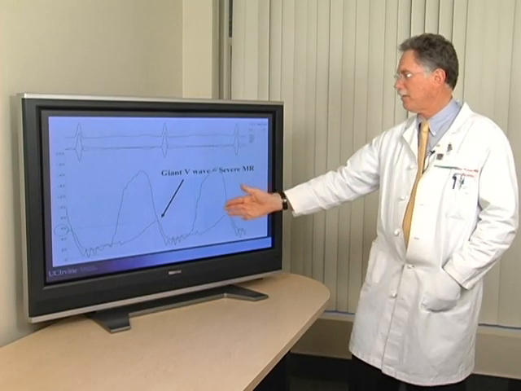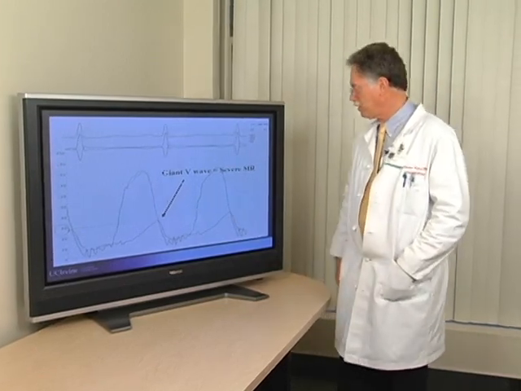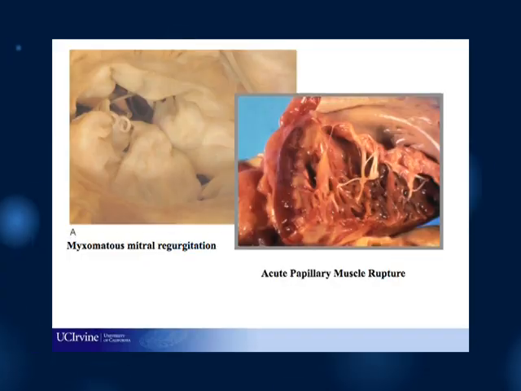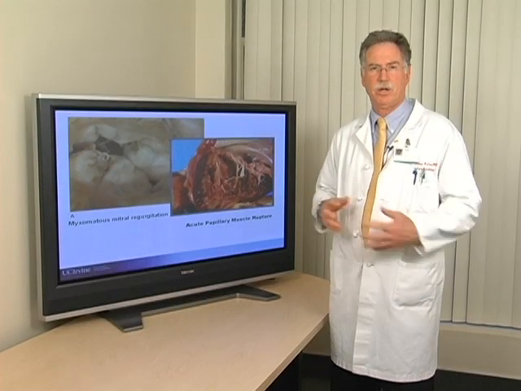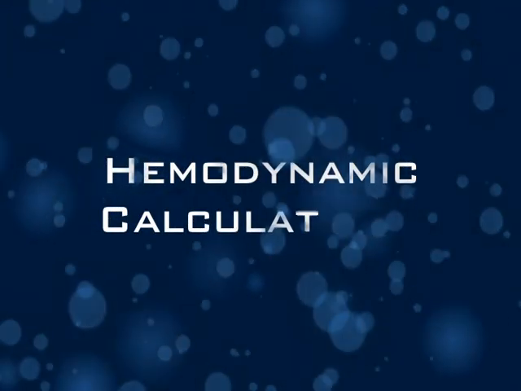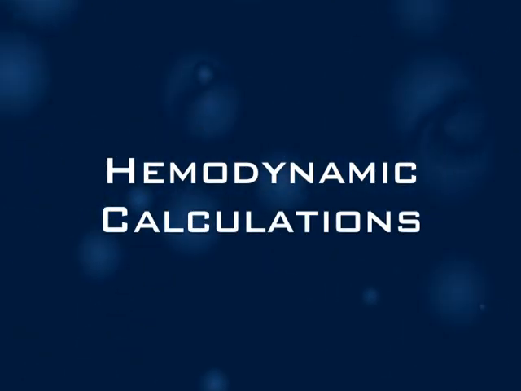But generally to this level, this is indicative of very severe mitral regurgitation. And mitral regurgitation is caused by myxomatous degeneration of the mitral valve. These billowing leaflets can break and not coapt, or you can have acute papillary muscle rupture, which may occur during myocardial infarction.